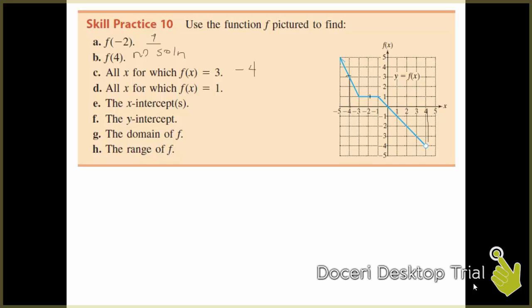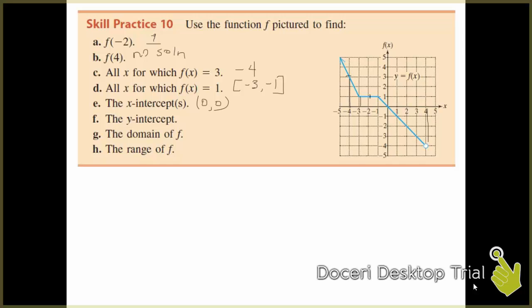I'm going through this pretty fast. All x's for which y is equal to 1. Well, it's everything from -3 to -1, like that, because it's everything in between. It's not just -3, -2, and -1. It's everything in between, all the fractions and decimals. The x-intercept is at 0, 0.